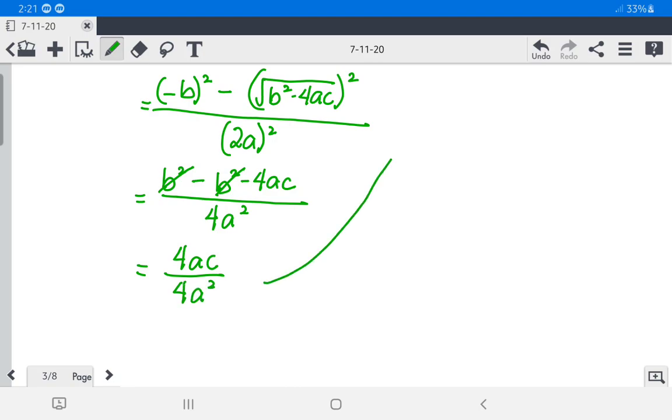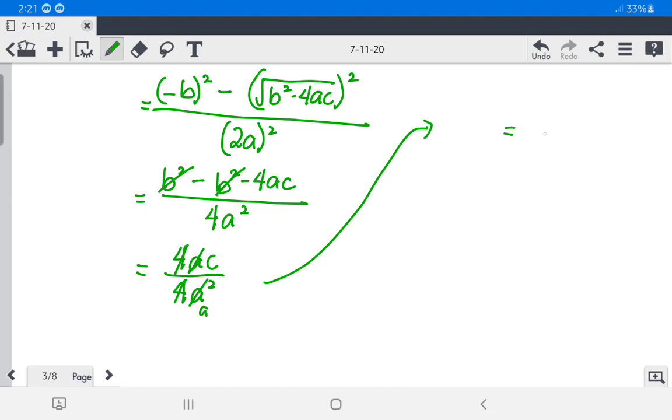Now, we can cancel 4 because 4 divided by 4 is 1. And then, we can also cancel a variable because the common factor is a. A divided by a is 1. So, a squared divided by a is a only.